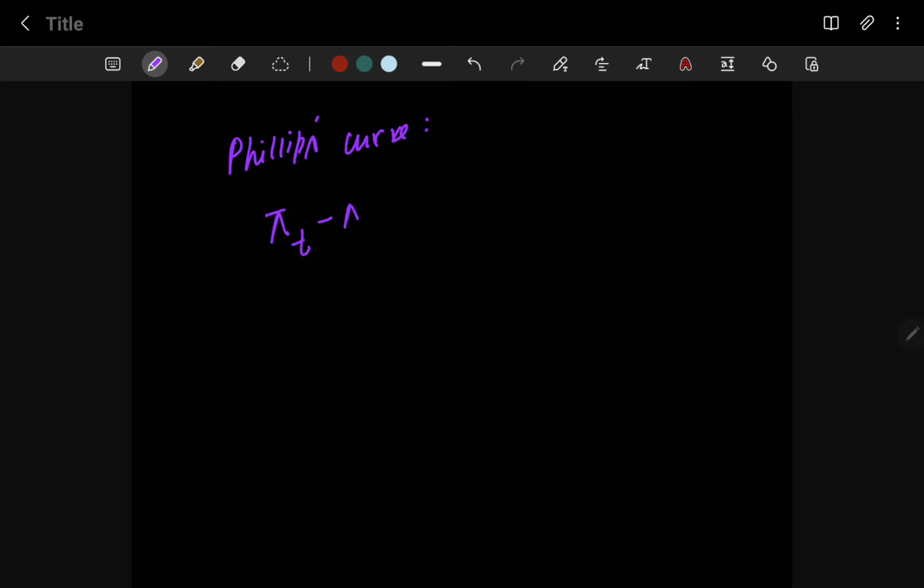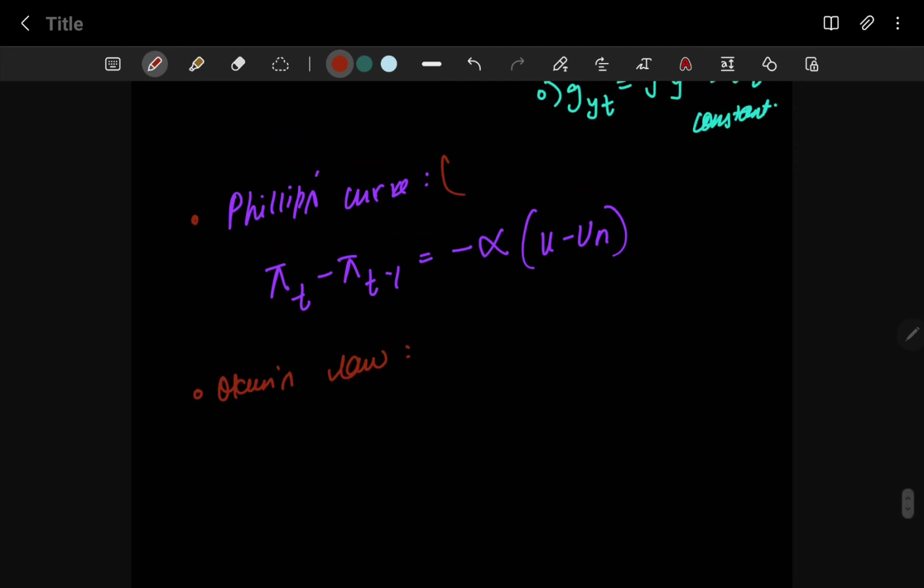Inflation of the current year minus inflation of the previous year is equal to minus alpha times u minus un, right? In the Phillips curve, we understood the relationship between inflation and unemployment. Here we understood the relation between u and g.